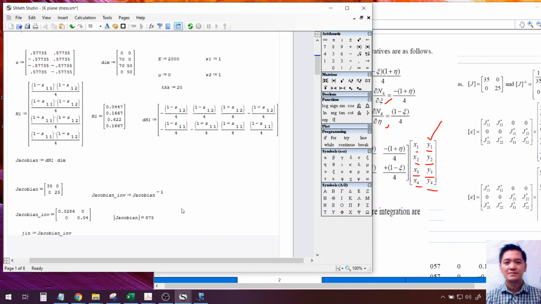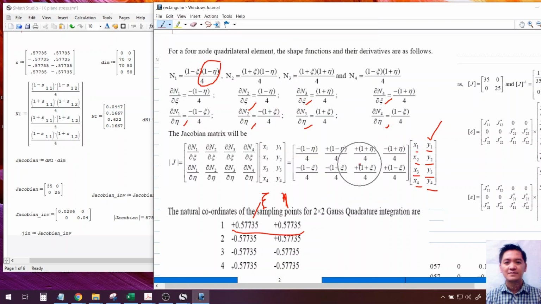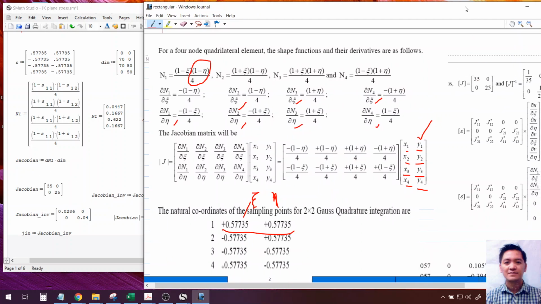Then, I was able now to get my Jacobian. Jacobian is dndc times the matrix of the coordinates, which I named as dim. So, multiply mo yung dalawa, and that's your Jacobian, 35 and 25. So, the same with our lecture notes here.